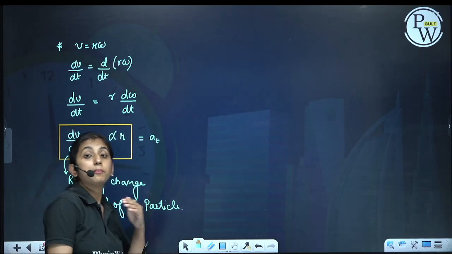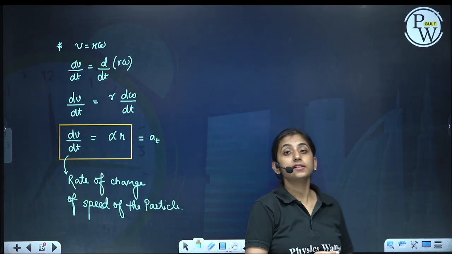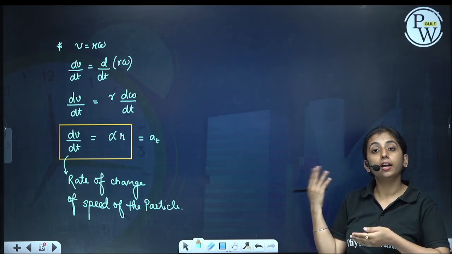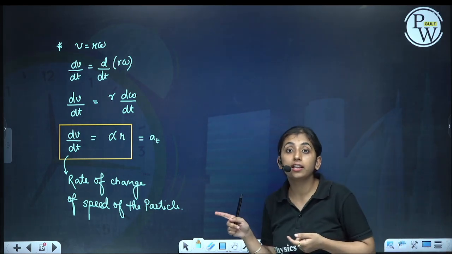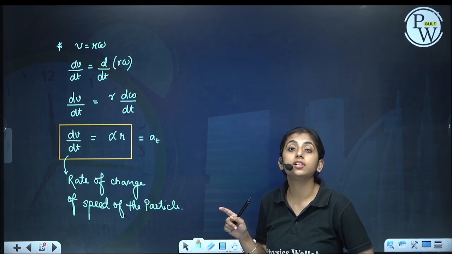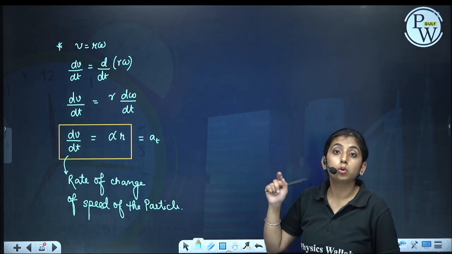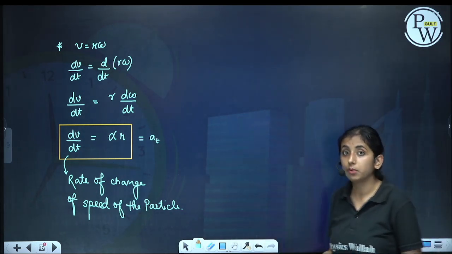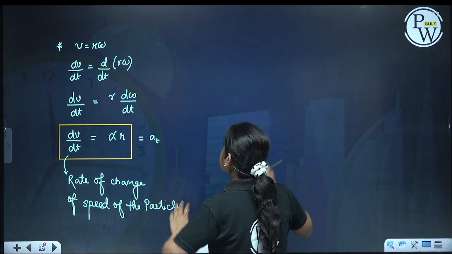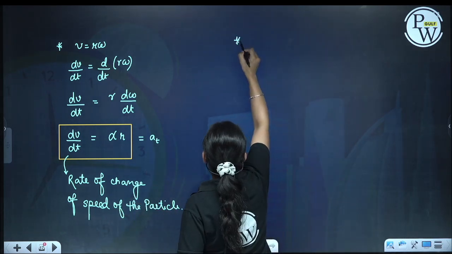So the rate of change of magnitude of velocity is tangential acceleration. Change in direction of velocity gave us centripetal acceleration. Due to change in speed we have tangential acceleration.